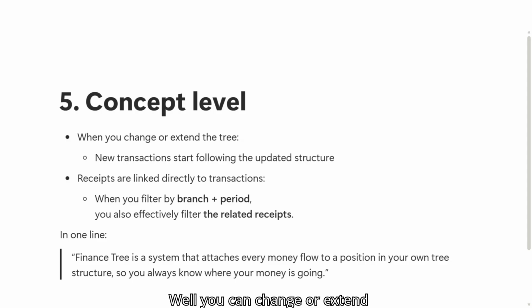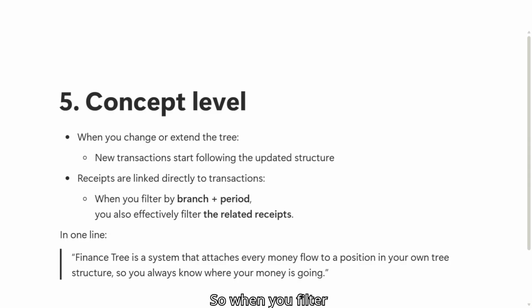When you change or extend the tree later, the logic is still the same. From that moment, new transactions just follow the new branches you designed, so you don't have to rebuild anything. Each receipt image is linked directly to one transaction.